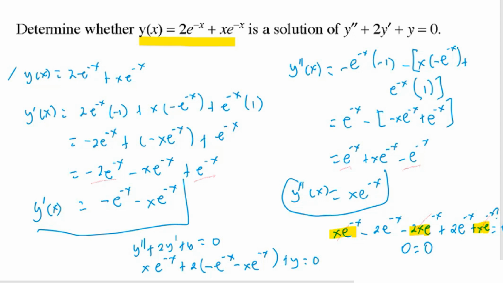Now, since the left-hand side and the right-hand side are equal to 0, we could say that the given y of x equals 2e raised to negative x plus x e to the power of negative x is a solution of the given equation y double prime plus 2y prime plus y is equal to 0. This is what we call an ordinary differential equation. So therefore, it is a solution. Or in short, I will just write, solution.